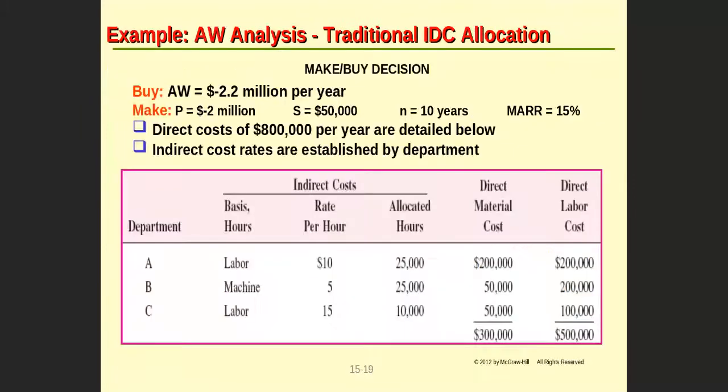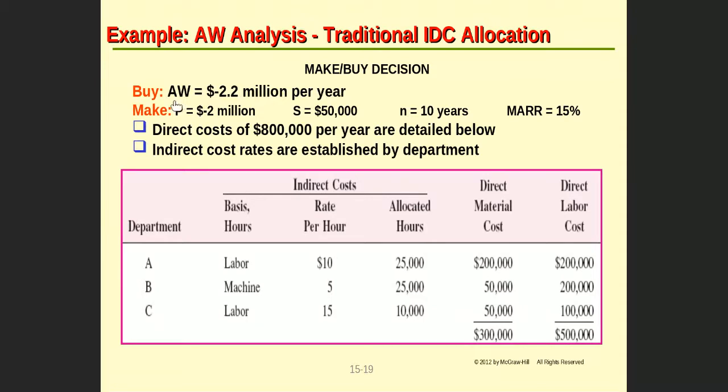There is another example we can have, similar to something we covered in break-even analysis. When you have two alternatives, a make and buy decision, and you want to make the decision based on the cost, not the quantity, the buying option here was given as an annual worth equal to 2.2 million per year.